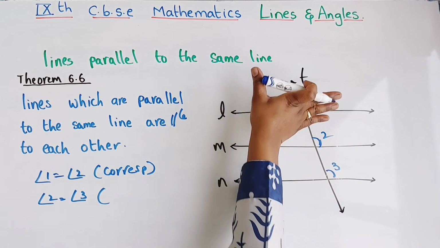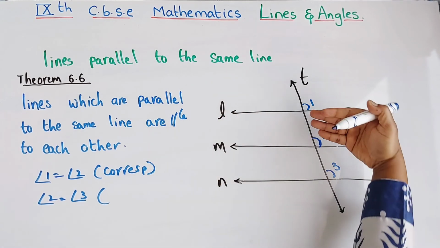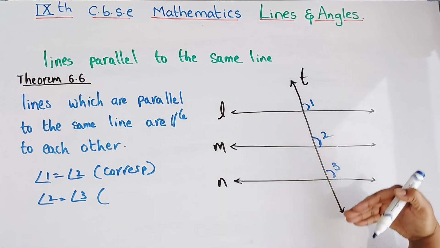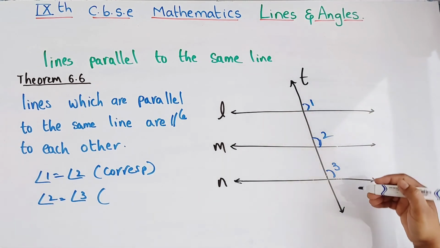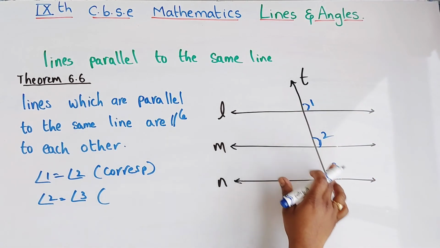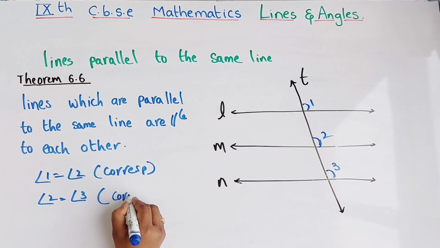Why? If you close the L line, that means M line and N line are parallel to each other. Correct? So, angle 2 equal to angle 3. That means these corresponding angles are equal.